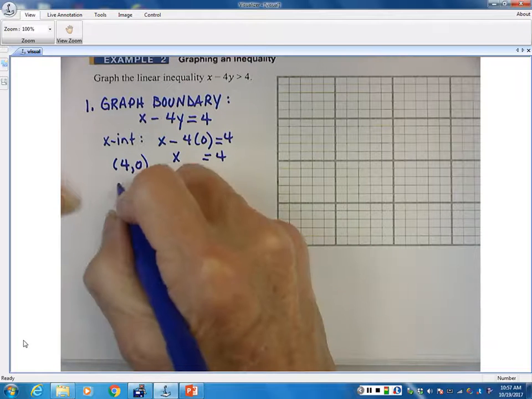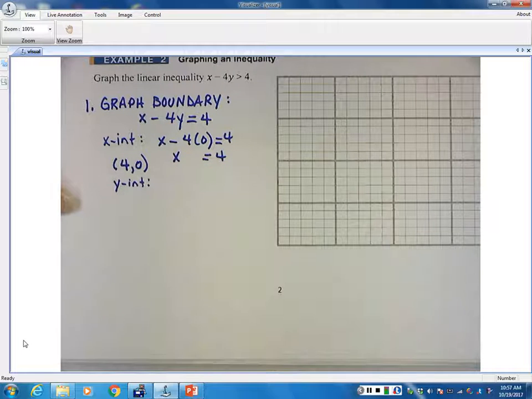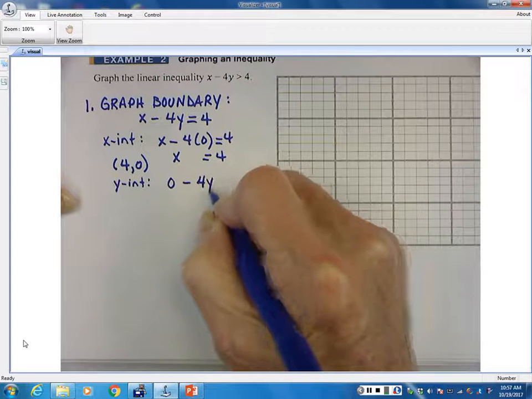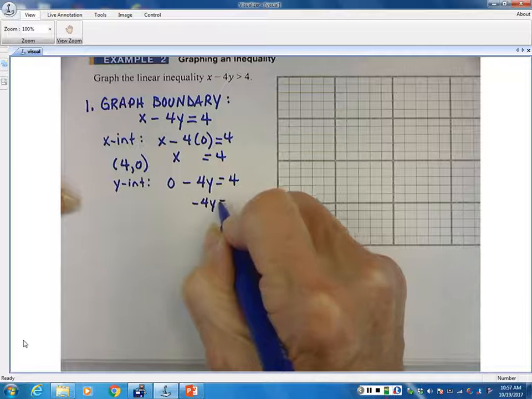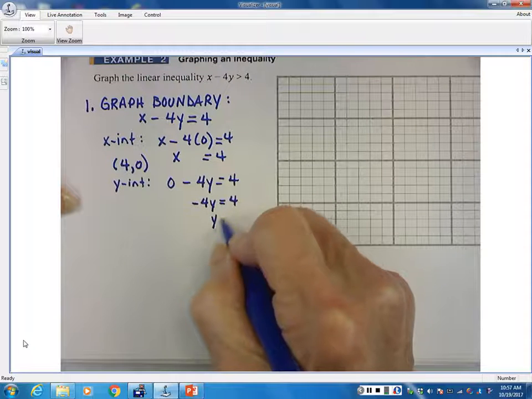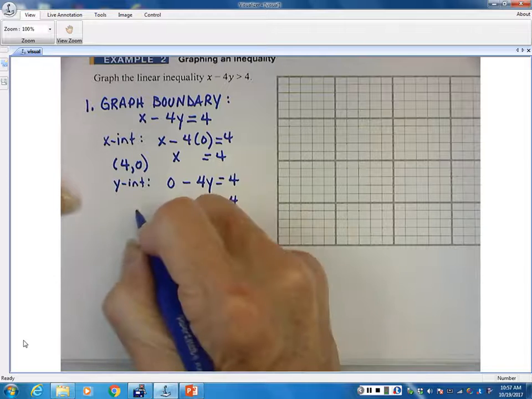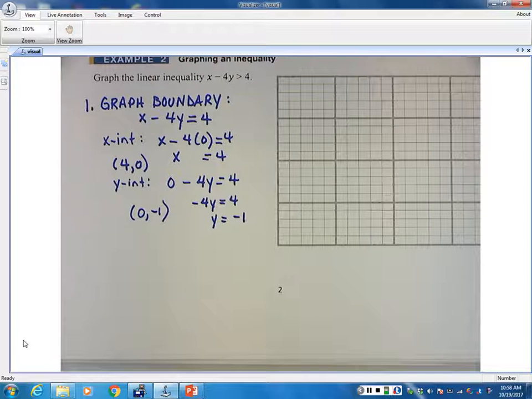And we're going to find the y-intercept. That means we're going to let x be 0. And that means y is going to be -1. So that gives us the point 0, -1.